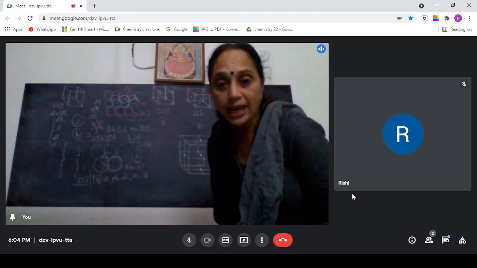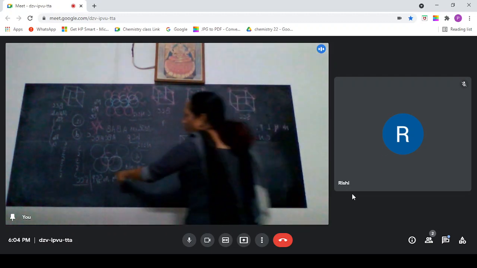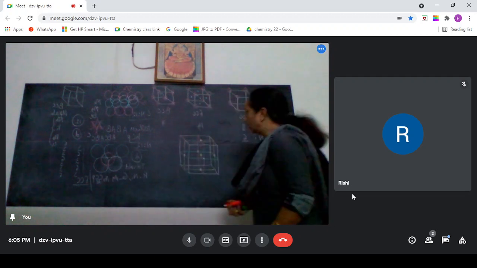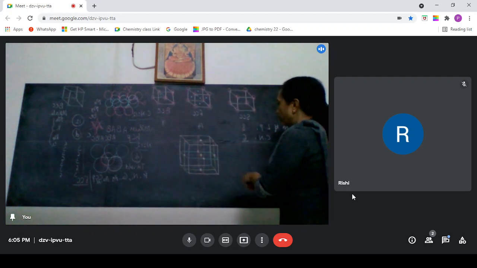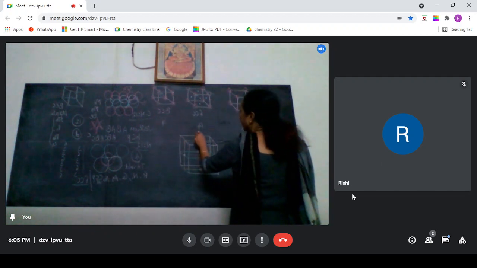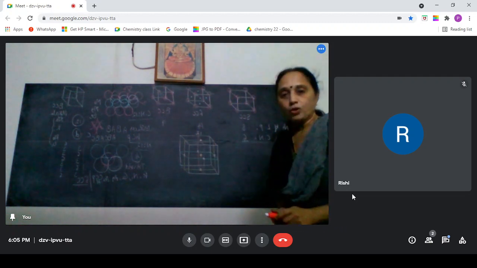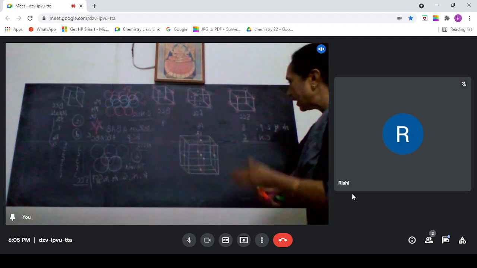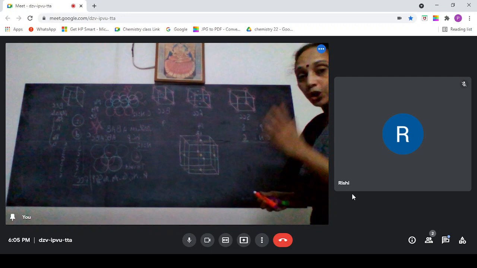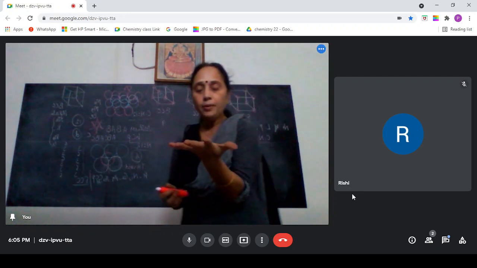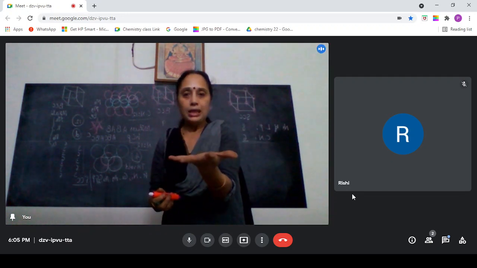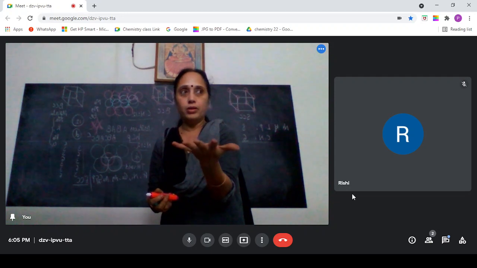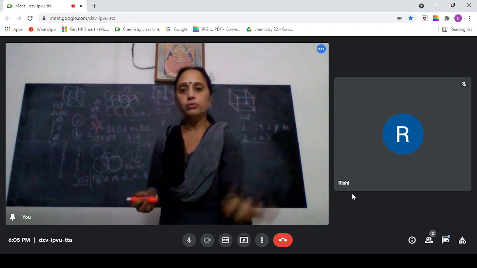Face centered. What will be the coordination number for face centered? It is 12. Coordination number for a face centered cube will be 12 because 6 in one dimension, 3 above, 3 below.